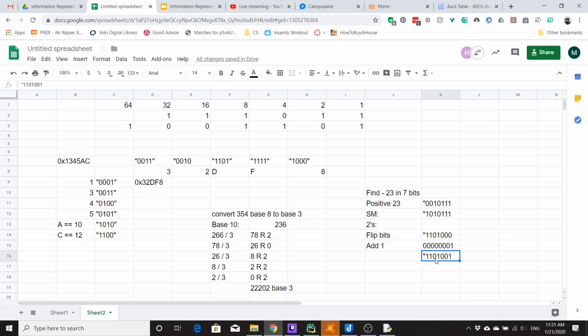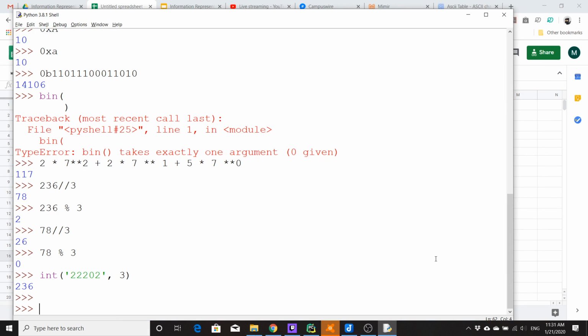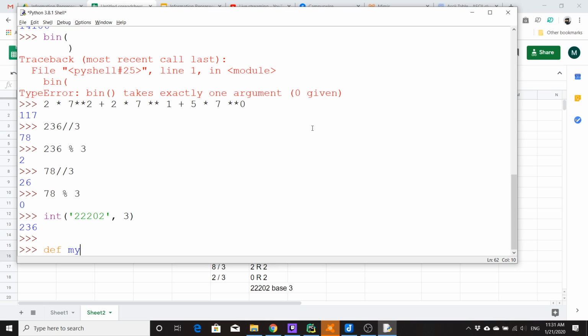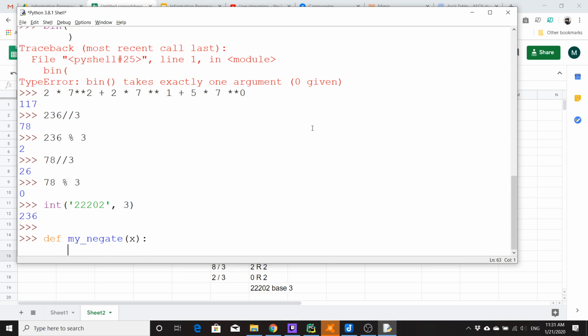Any questions? Right? And you could literally write a function, right, in C or C++ to negate a number, right? So if you had something like this, we wanted to define, my negate of, say, x, what would you do? What would you write here? So you want to return negative x.